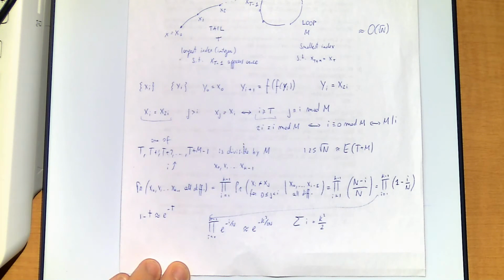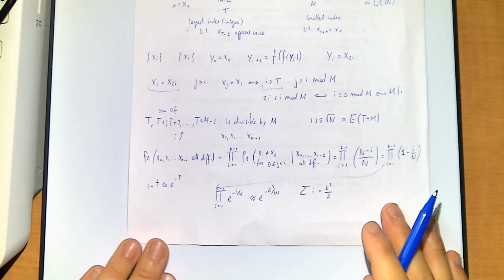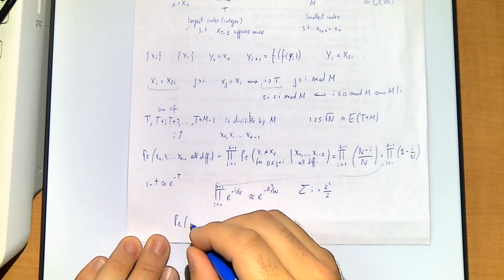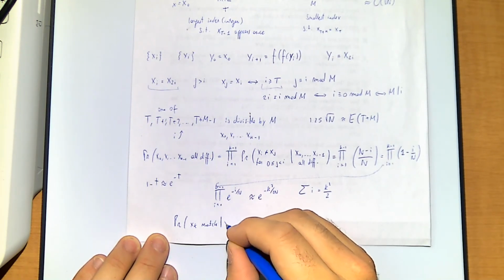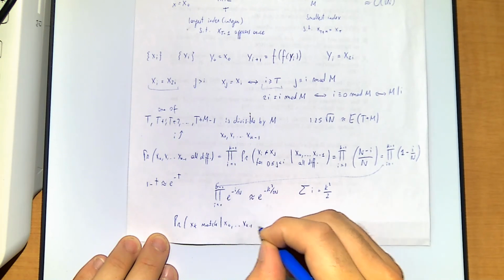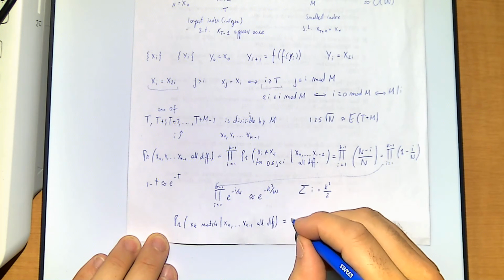So now, assuming that they're all distinct, we have selected x0 up to xk minus 1. We don't have a match. What's the probability that the next one is a match? Given, so the probability that xk is my match, given that x0 through xk minus 1 are all different, is actually k over n.